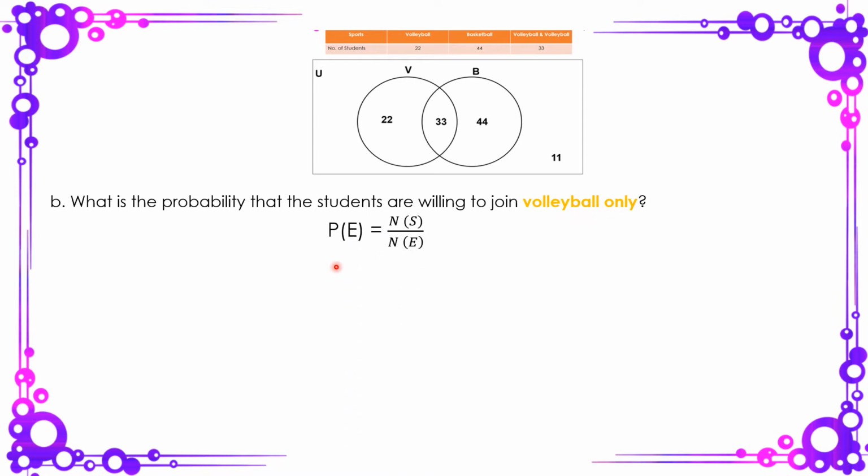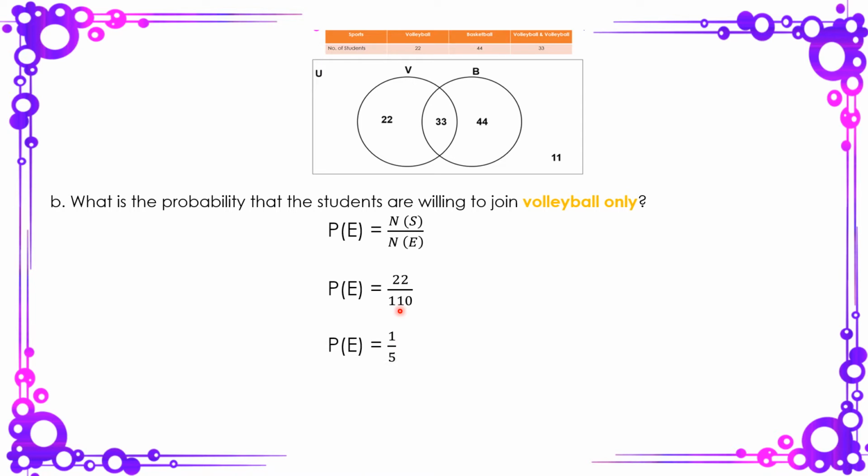So again, use the formula P of E is equal to N of S over N of E. So this time, the question is volleyball only. So you will write 22 because the question is volleyball only, 22. Over the total number of students, which is 110.